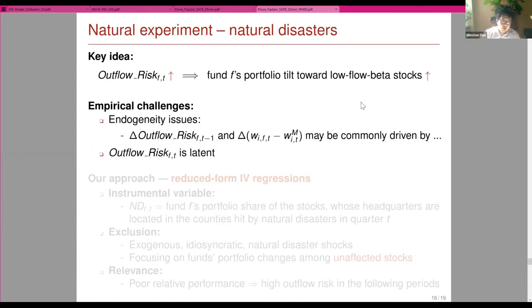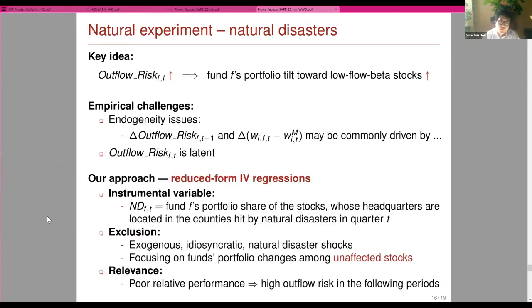But there are empirical challenges. First is the endogeneity issue: the change of outflow risk at the fund level and their portfolio changes may be commonly driven by some missing variables. The second challenge is that outflow risk is latent. We don't even have a perfect measure for this outflow risk at the fund level.